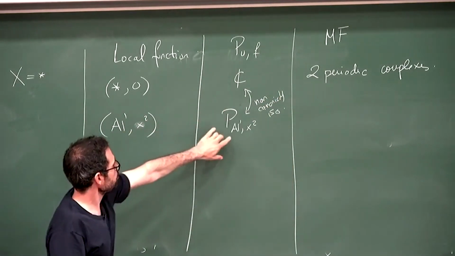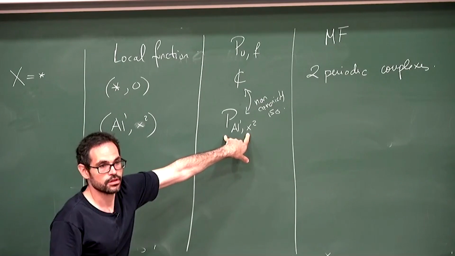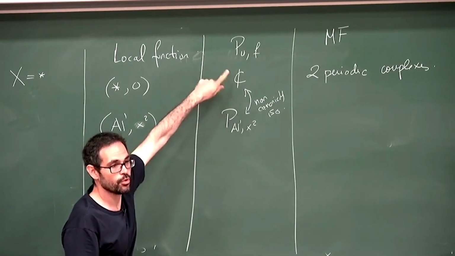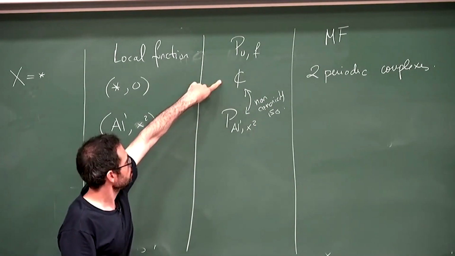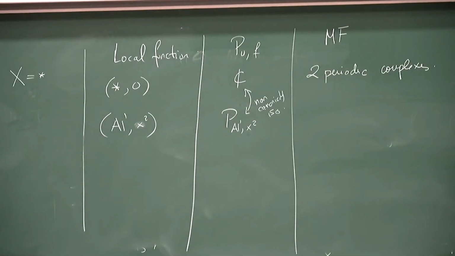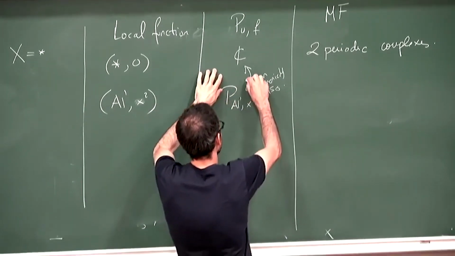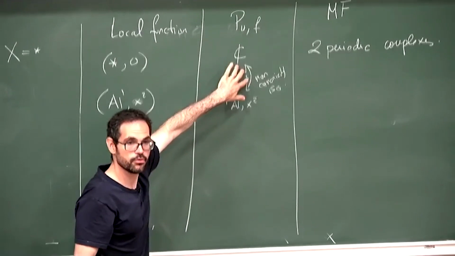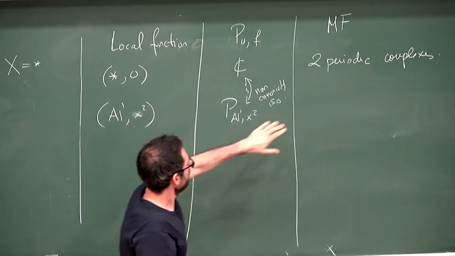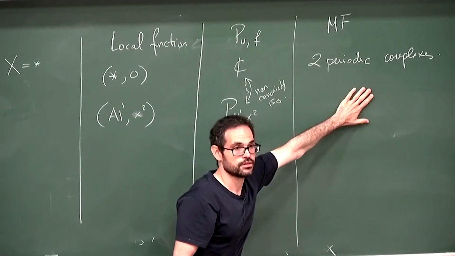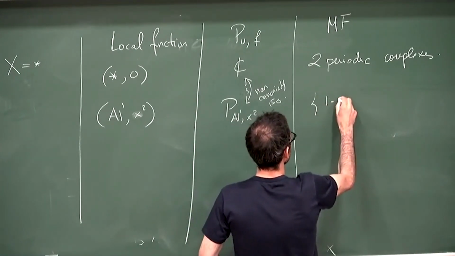The reason is that I have to choose an orientation here to match this to C. There are two possible choices, and they are related to this class, beta. So this is isomorphic but non-canonically, so there is an ambiguity going on here. And the situation is even worse here, because what I get is 1-periodic complexes.